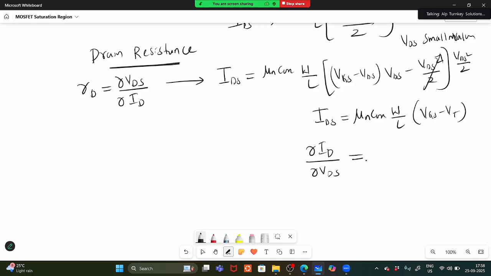Dou Id by dou Vds is equal to mu n Cox W by L (Vgs minus Vt), with respect to Vds. One second.